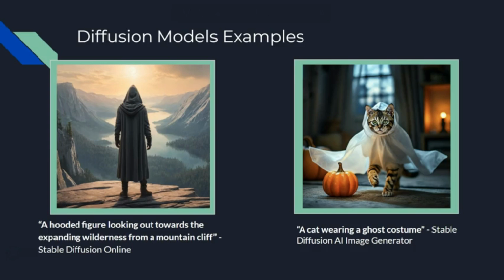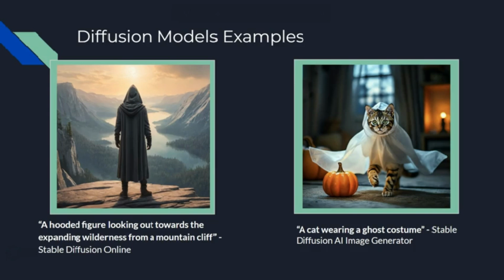Okay, so on the last slide, we discussed the overview of the diffusion models. Now here are two examples of how a diffusion model works. For the picture on the right side, we simply input a hooded figure looking out towards the expanding wilderness from a mountain cliff.